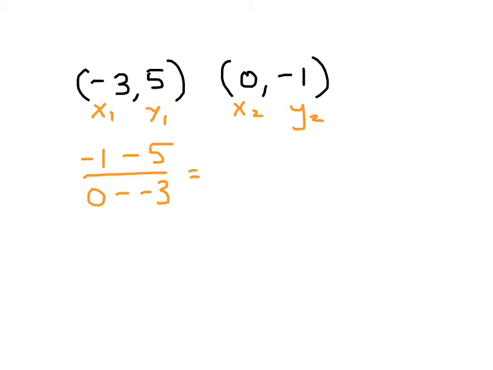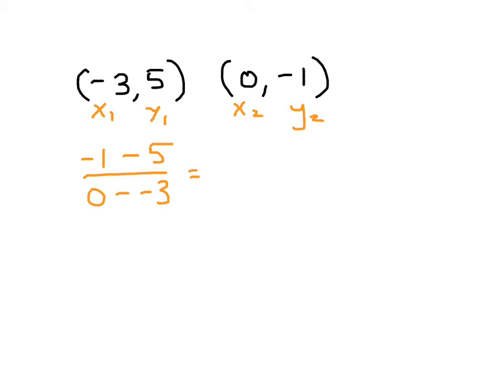But would the equation come out the same if it was -3 minus 0 on top? No. It has to be y on top and an x on the bottom. But does it matter what order they're in that way? It doesn't matter from left to right what order they're in, but you can't put the x's on top. It's got to be the y's on top. And the reason why is because it's got to be the rise number, and that affects the y over the run.